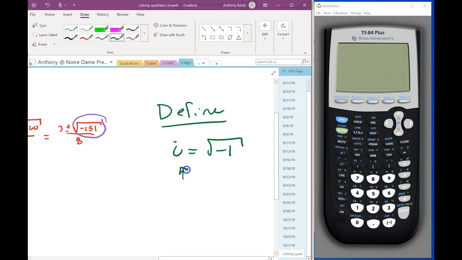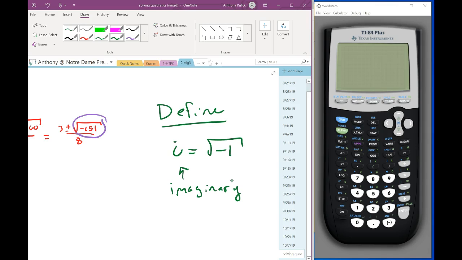So we call i the imaginary number, and we just call it imaginary, not because it's made up, because really all numbers are made up. It's not any more made up than the number 7 is. But along the way, we called the previous set of numbers we're working with the real numbers, and by convention, we're going to call this the imaginary number because it's separate from the real numbers.